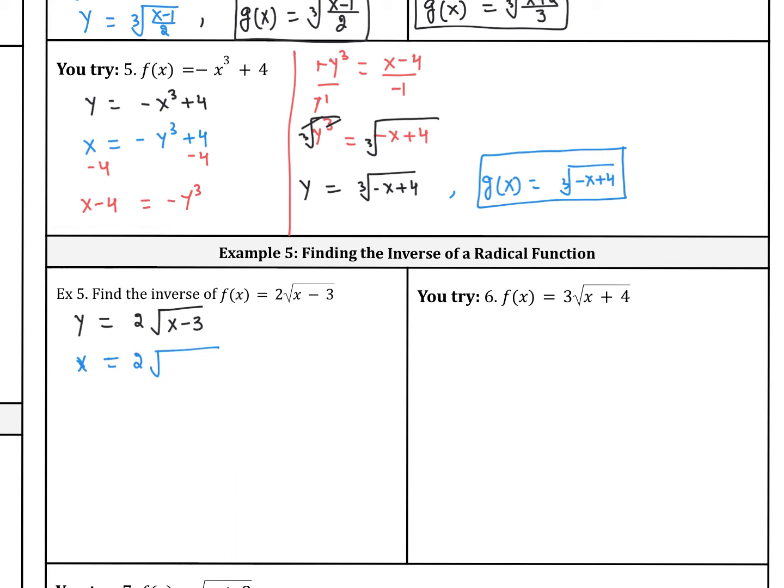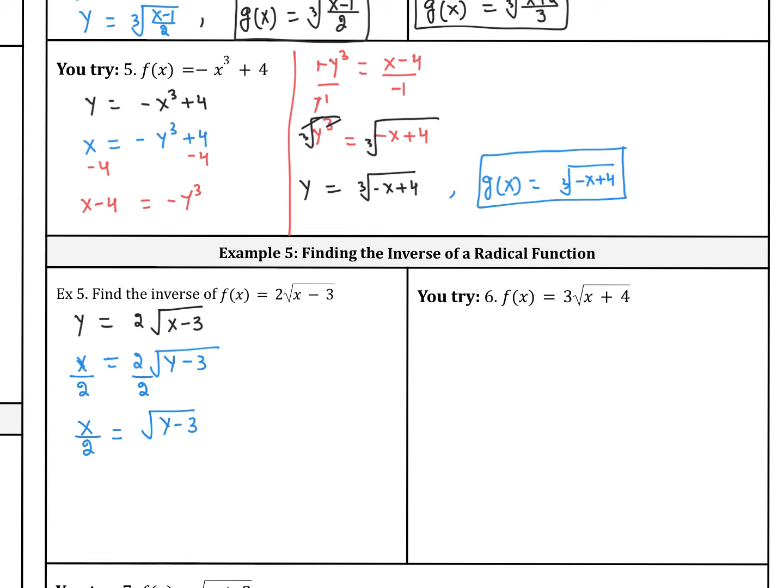And you got x equals 2 times square root of (y minus 3). And then you're going to divide by 2. You got x over 2 equals square root of (y minus 3).